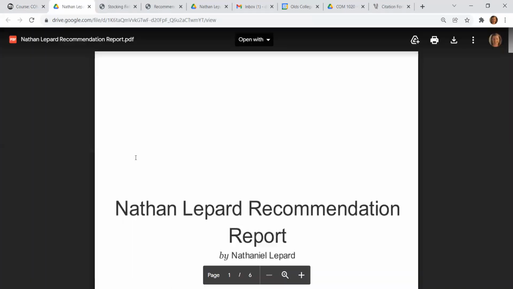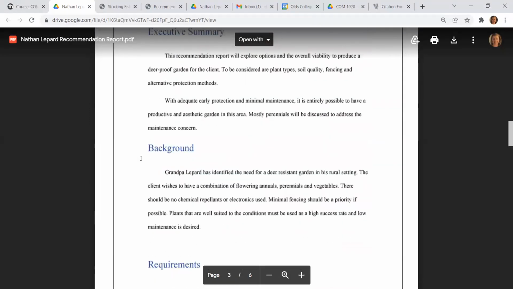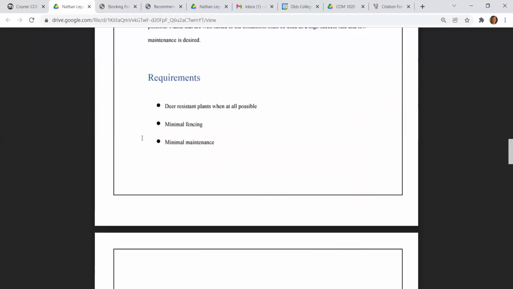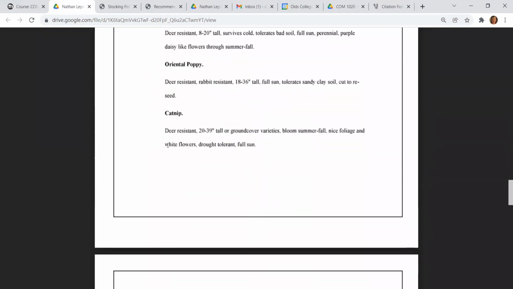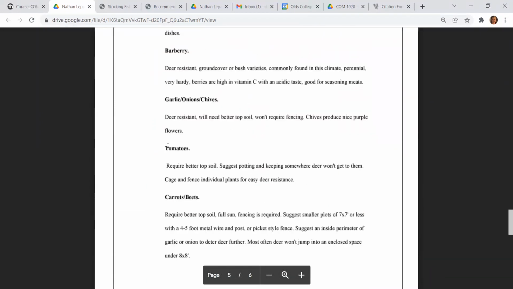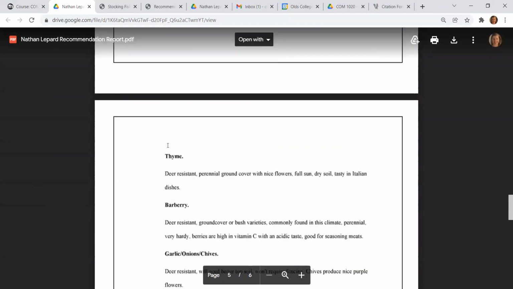I included this example recently because I thought something that might be helpful for some people would be seeing this idea where you can use bullet points. If you have a lot of options that you're considering, you should have 3 to 5. But in this case, it makes sense because of the topic, looking at deer-resistant gardening.